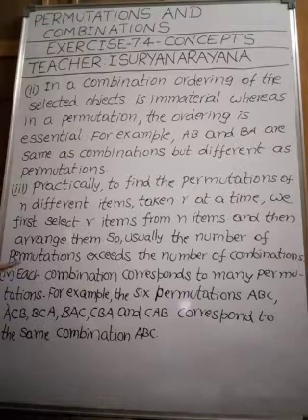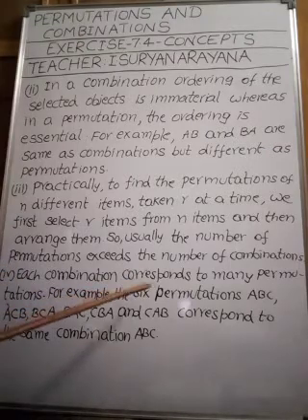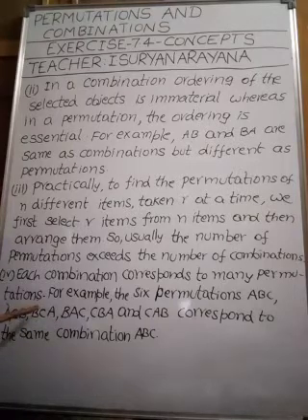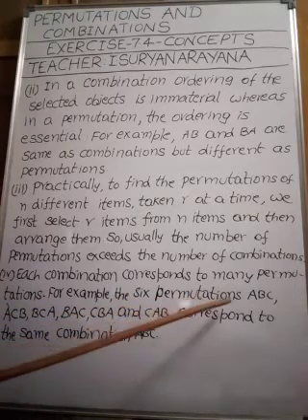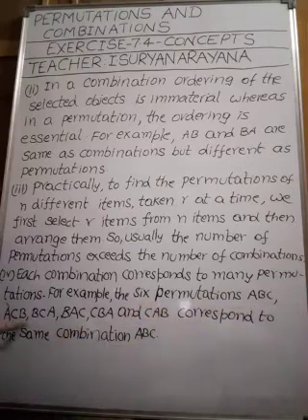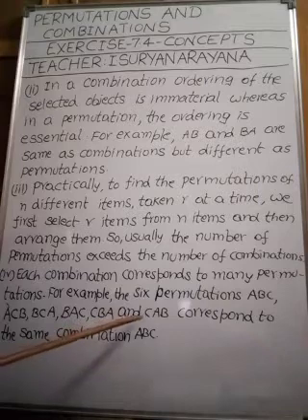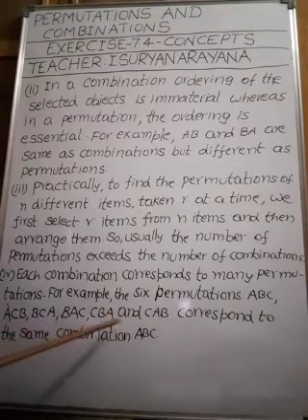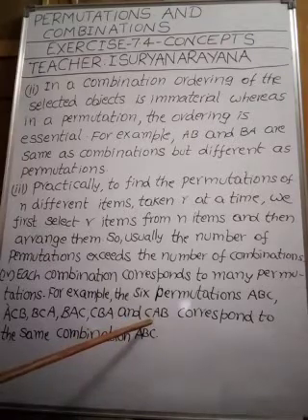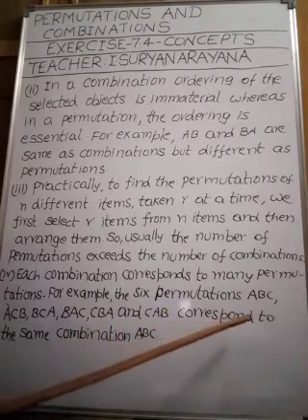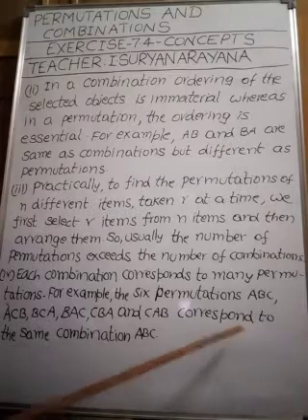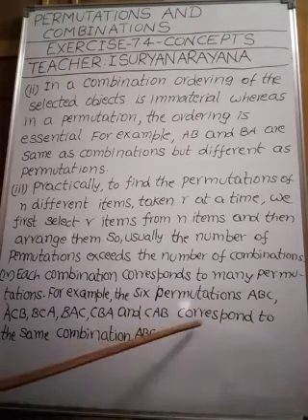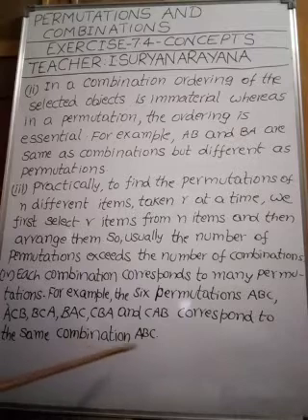Next difference, the fourth one. Each combination corresponds to many permutations. Okay, my children. For example, the 6 permutations ABC, ACB, BCA, BAC, CBA and CAB are all considered different permutations, different arrangements. But in the case of combinations, they correspond to the same combination ABC.